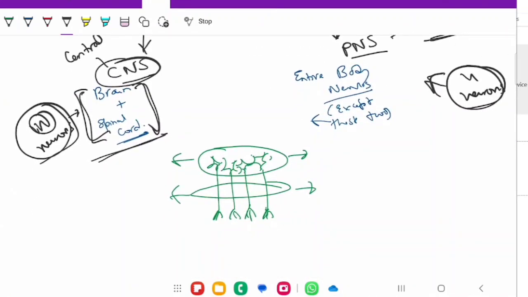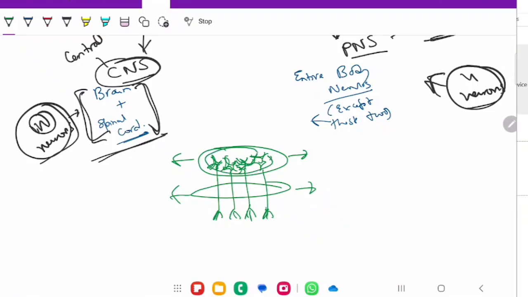Over here we can see there are a bunch of neurons that I've drawn. Now imagine these neurons are all part of a single nerve. There are many neurons in a nerve, but let's imagine we are seeing a nerve with only these four neurons. These neurons will have different cell bodies also.